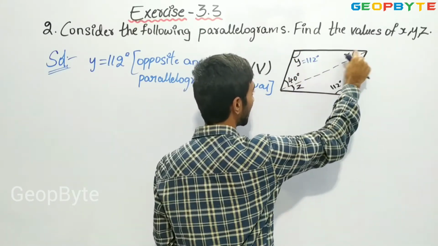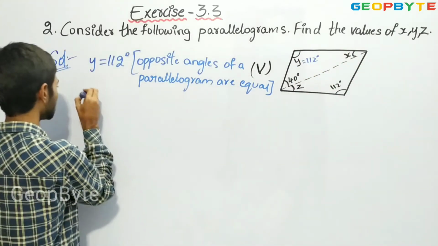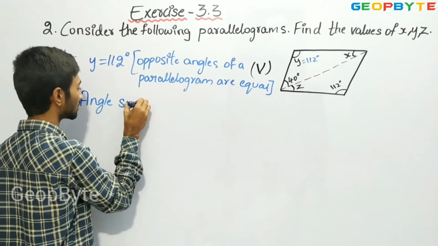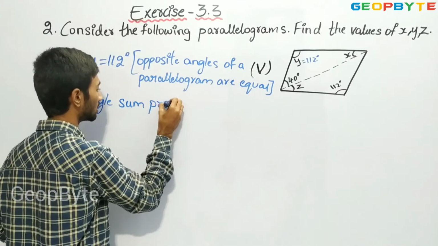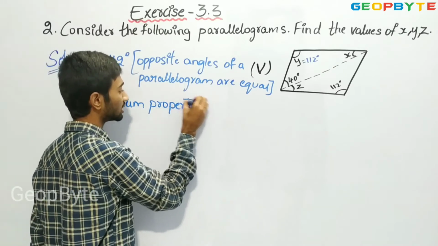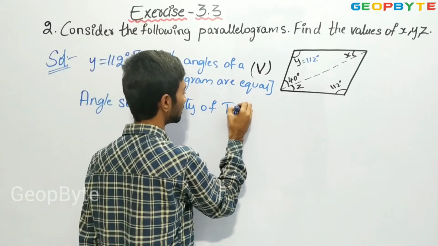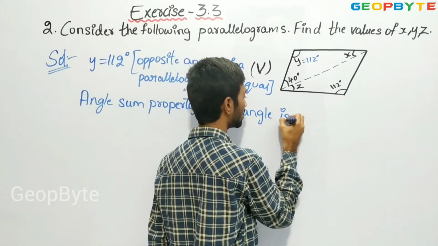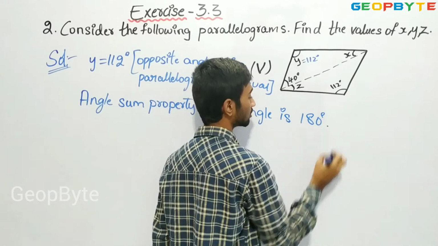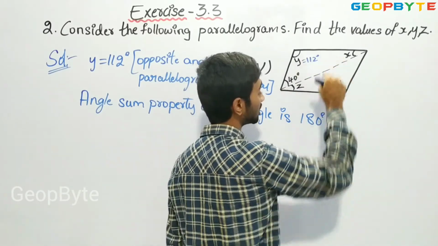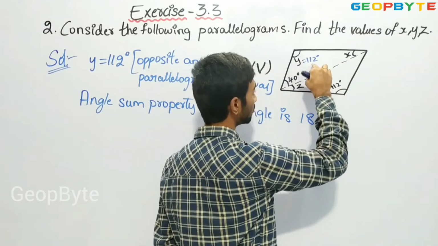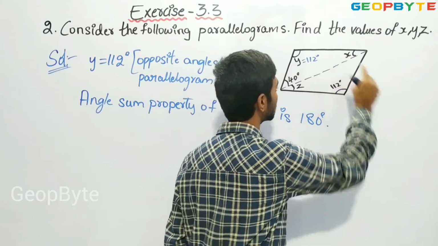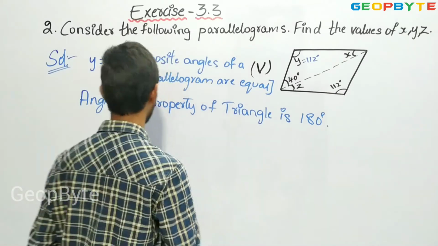We know that the angle sum property of a triangle is 180 degrees. So if we add all the angles, it will be equal to 180 degrees. So we have two angles and we don't know the other angle, that is x. So let us find the value of x.